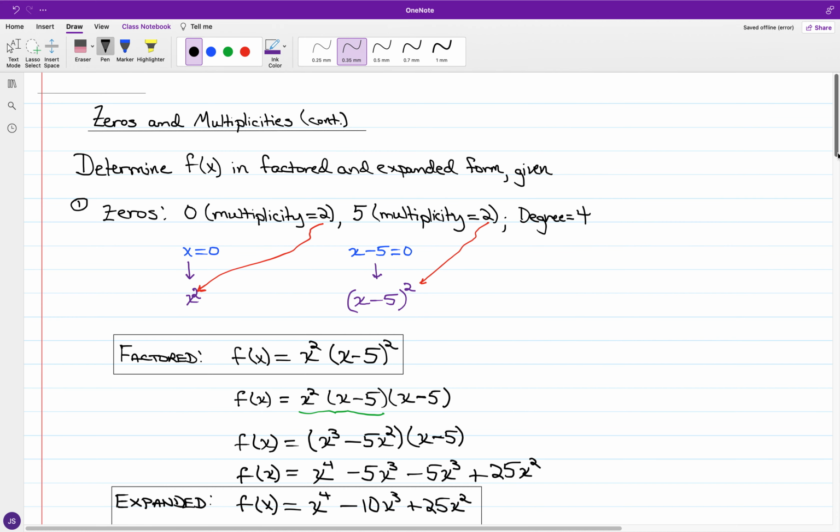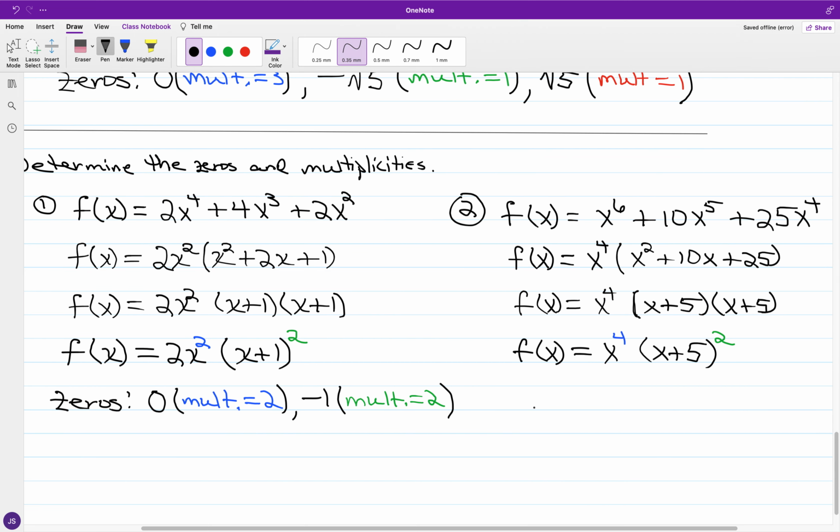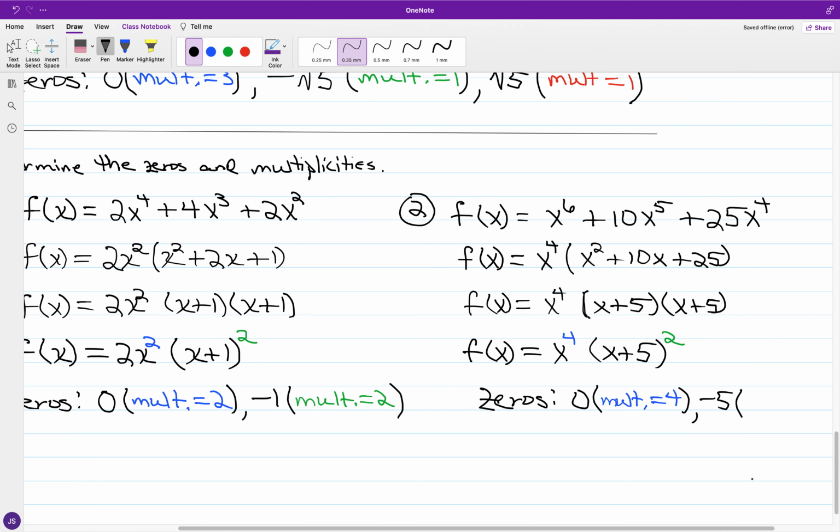So with the zeros, from x we have 0, and we have the multiplicity at 4. And from x plus 5, we have x equal to -5, and that multiplicity is equal to 2.